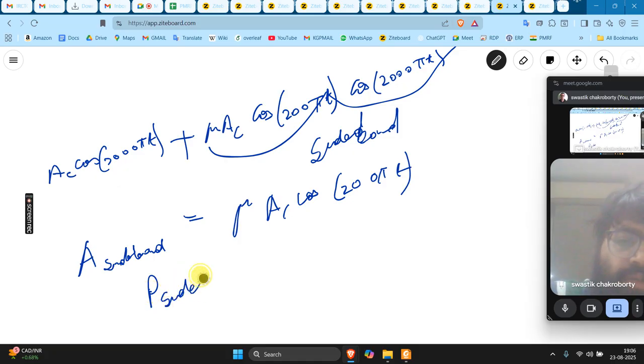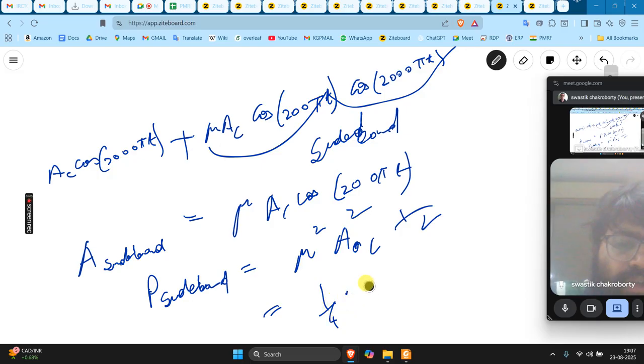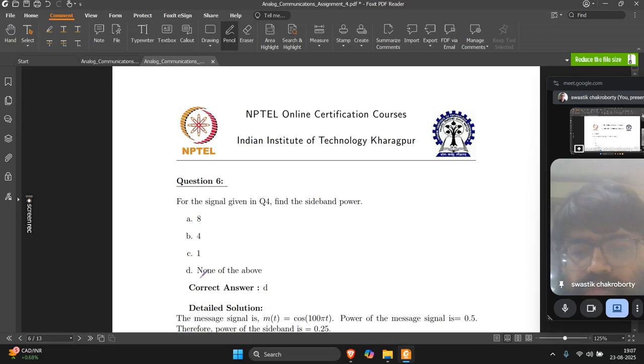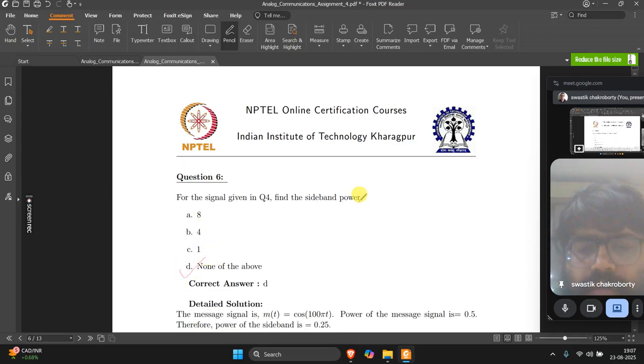It is simply mu square AC square. The power of mu is mu, AC is AC, and this cos term is half. So mu square AC square by 2. Now we have derived mu to be half, so it is 1/4. AC square is 4 square by 2. So 1/4 is cancelled, 4 by 2, 2. So the sideband power is 2. None of the above. The sideband power is 2.